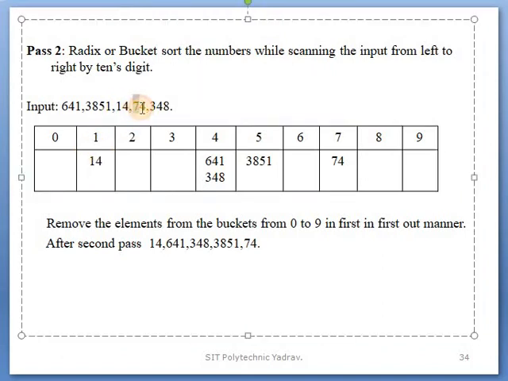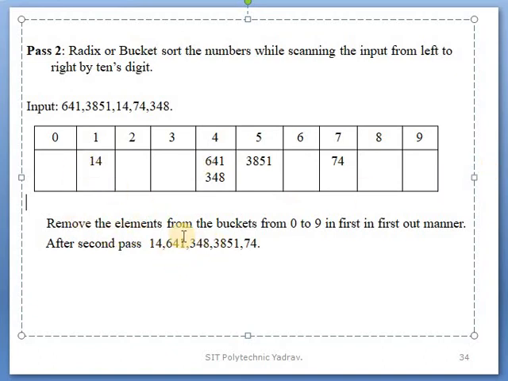In 74, 7 is the tens position, so write in pocket 7. In 348, 4 is the tens digit, so write in pocket 4. And these are collected one by one from pocket 0 to 9, left to right, in first in first out manner.